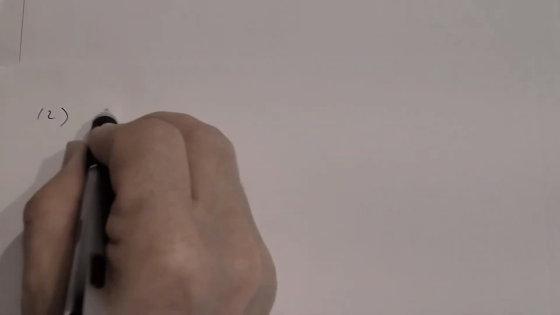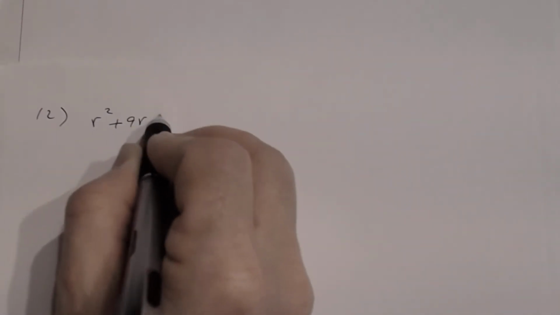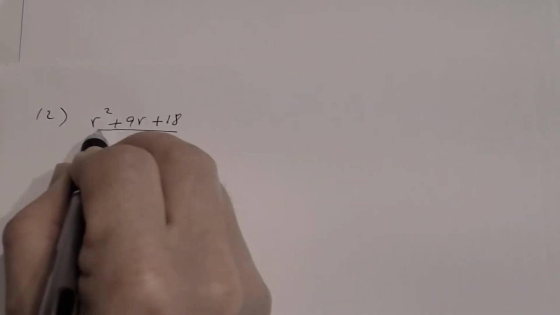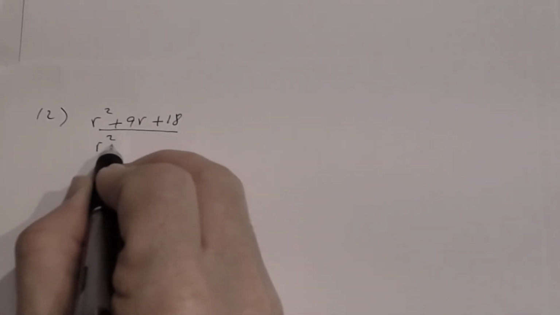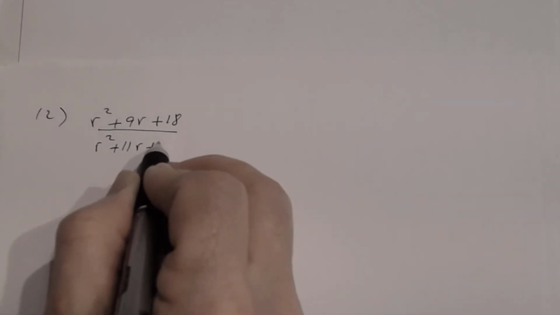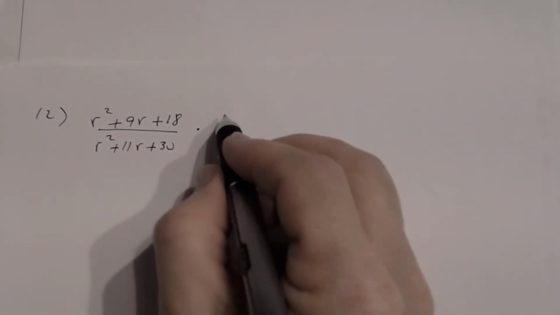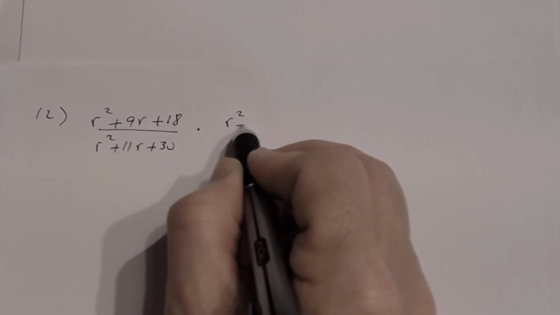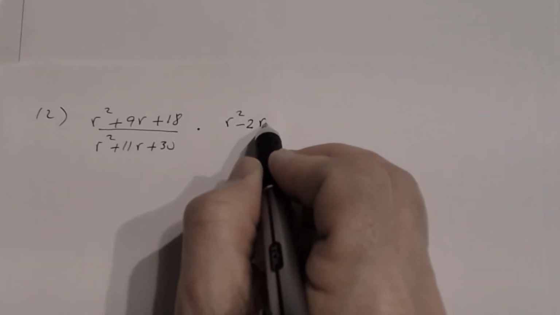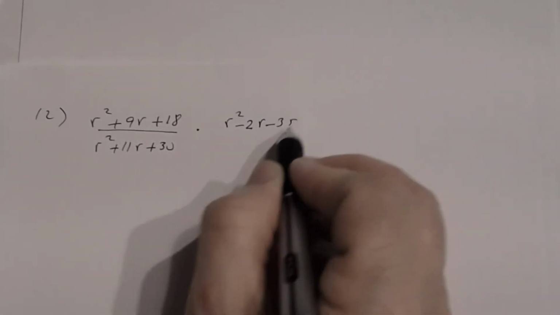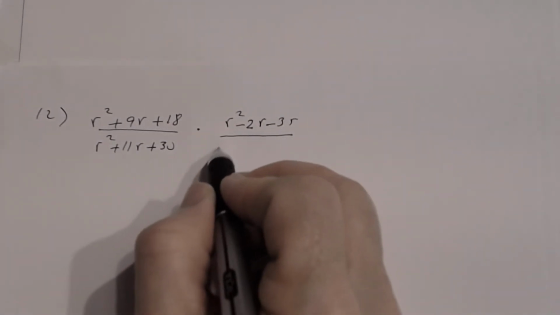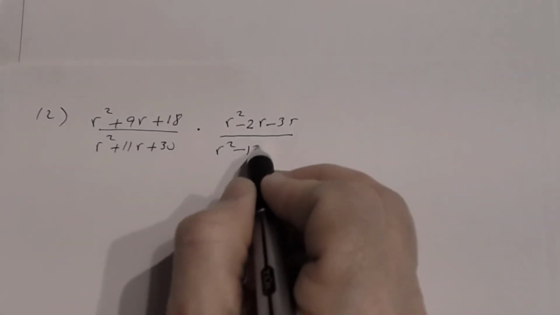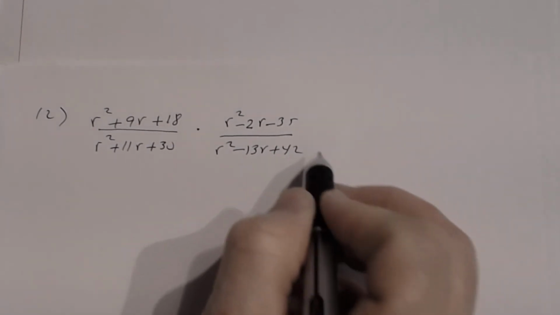So this is going to be number 12. Number 12. We have r squared plus 9r plus 18 divided by r squared plus 11r plus 30 times, and then this one's going to be r squared minus 2r minus 35 divided by r squared minus 13r plus 42.